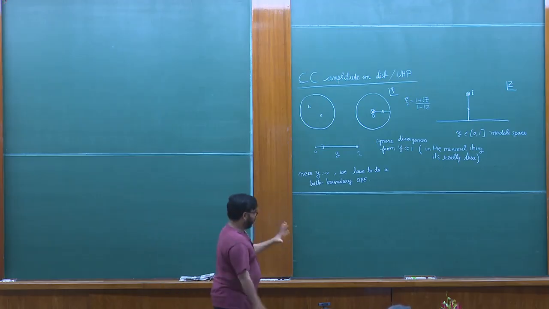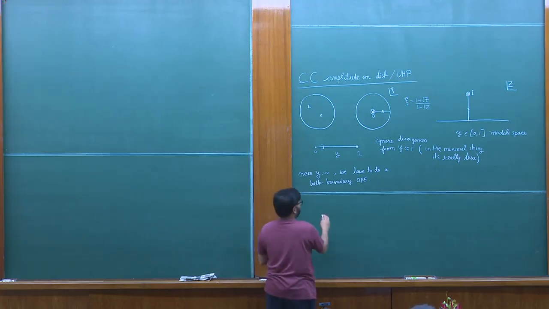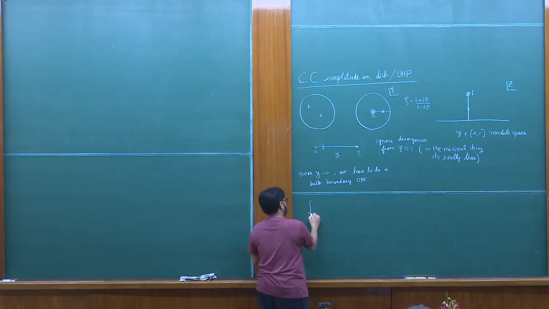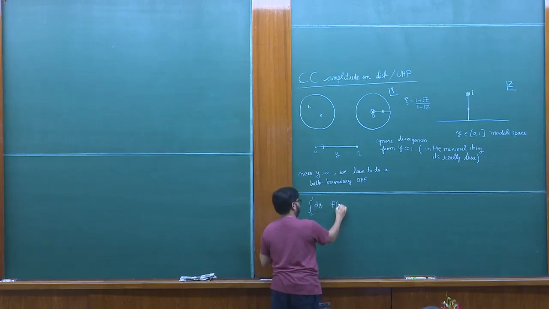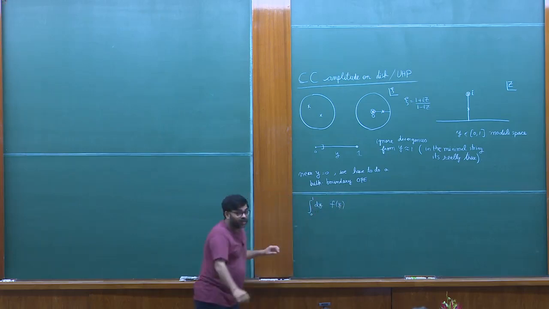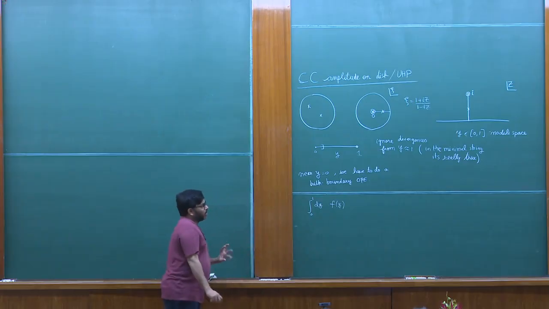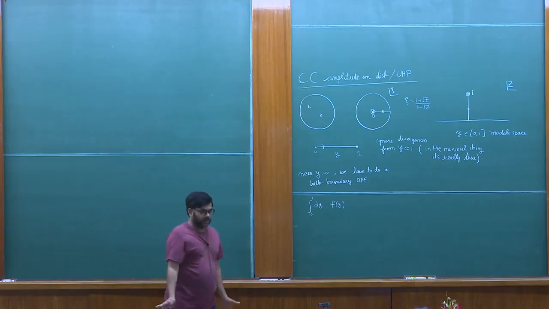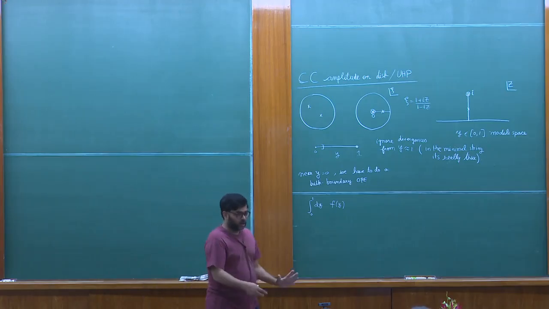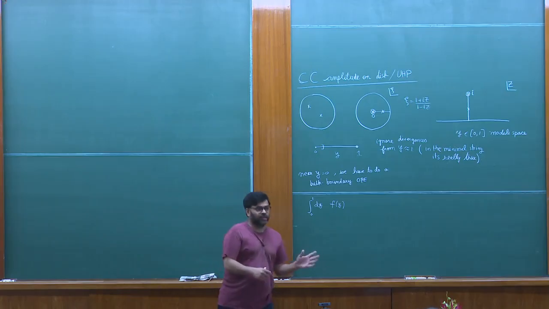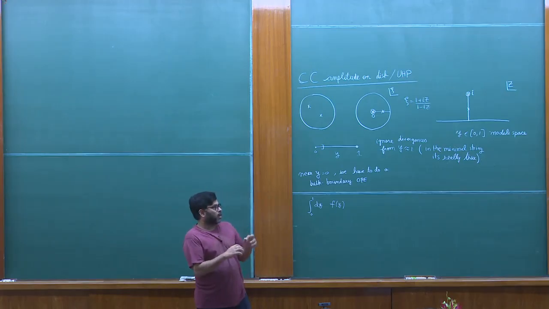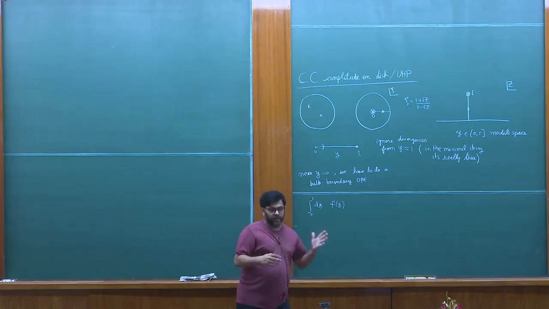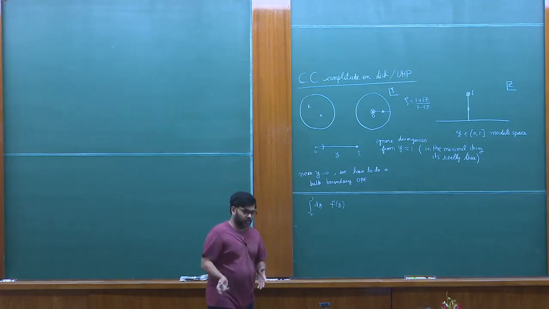So what happens in this particular case, in this minimal string, is that you get an integral 0 to 1 dy f of y. Let me just say it in words. It's just a specific worldsheet CFT with total central charge 0. It has the bc ghost with central charge minus 26 and some Liouville type theory which can have an arbitrary central charge to make the total thing 0.